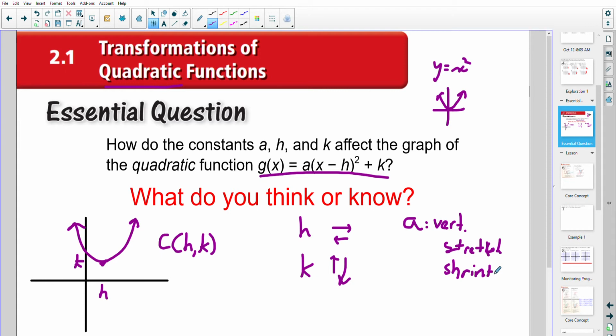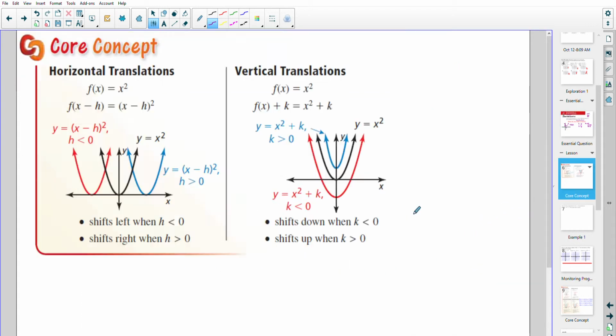And so also, if a is negative, that means it's going to reflect over the x-axis. Let's look at a couple of general examples.